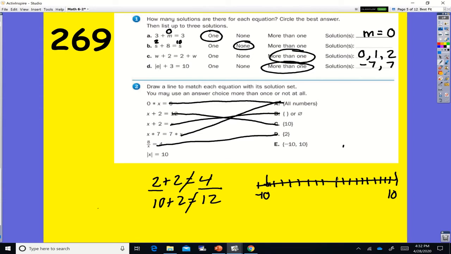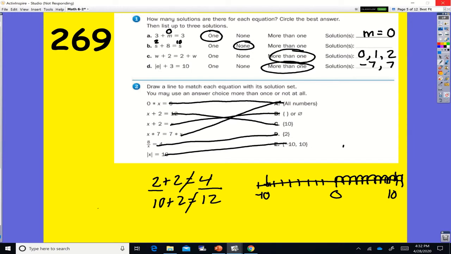Okay, I'm going to count. 1, 2, 3, 4, 5, 6, 7, 8, 9, and I must have forgot one more. 10. It's 10 away from 0. Same thing here. 1, 2, 3, 4, 5, 6, 7, 8, 9, 10. It's 10 away from 0. So this is always going to be a positive number. Please let me know if you have any questions on any of that.